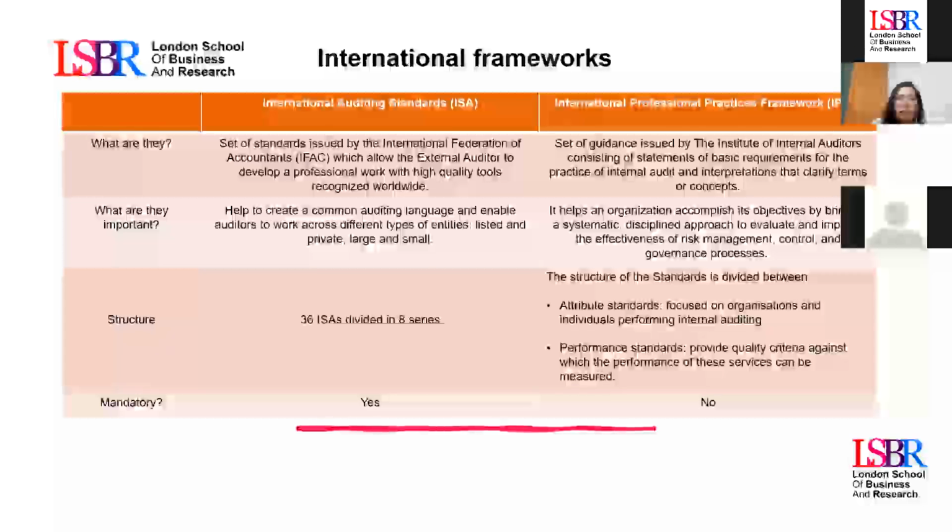Basically, the things that we can find in this international standard are topics like what are the requirements for an external auditor, how we need to do the communication with the management of the company, how to determine materiality, what are the procedures that we need to review, and what are the most important things that we need to consider to apply an audit in a company. So for that reason, the division of 8 series.